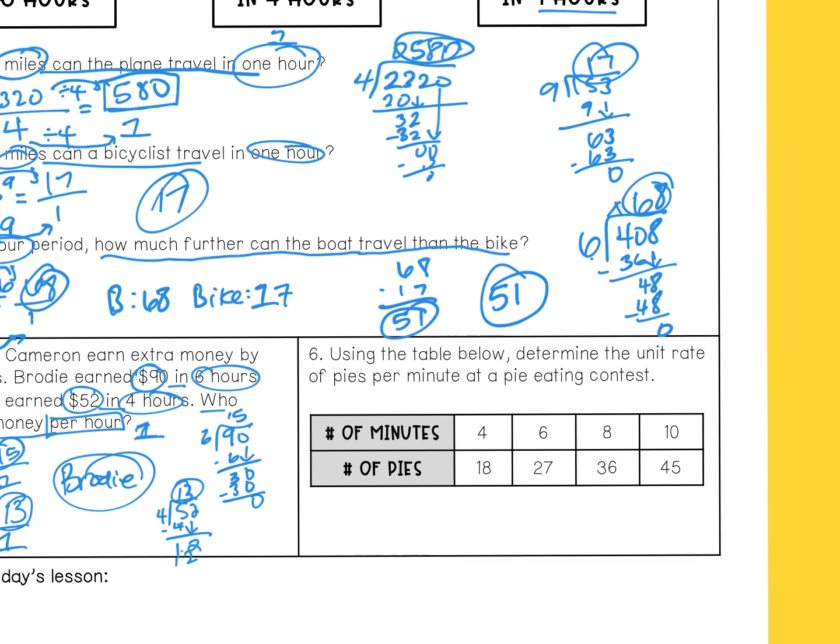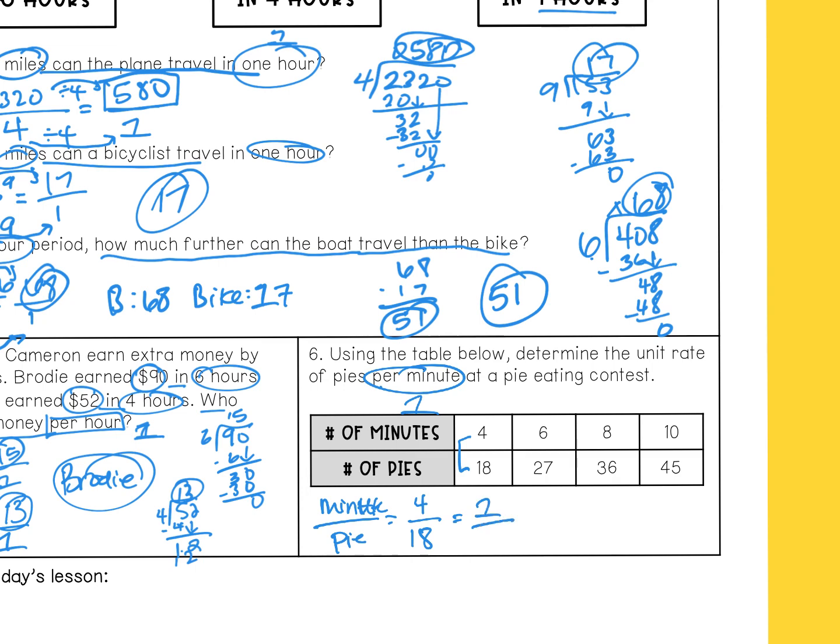So I have minutes to pie. And we want to know per minute, so that means every 1 minute. So in our first ratio here, we have 4 minutes for every 18 pies. And since we want to know per minute, we want to know for 1 minute.